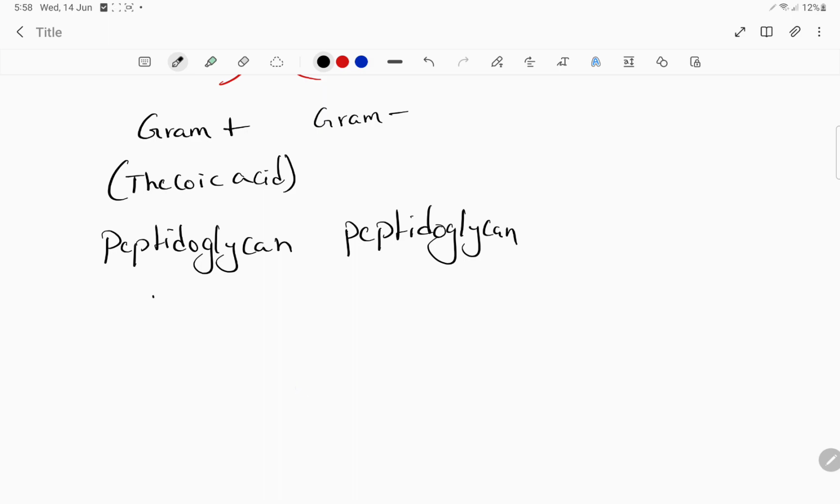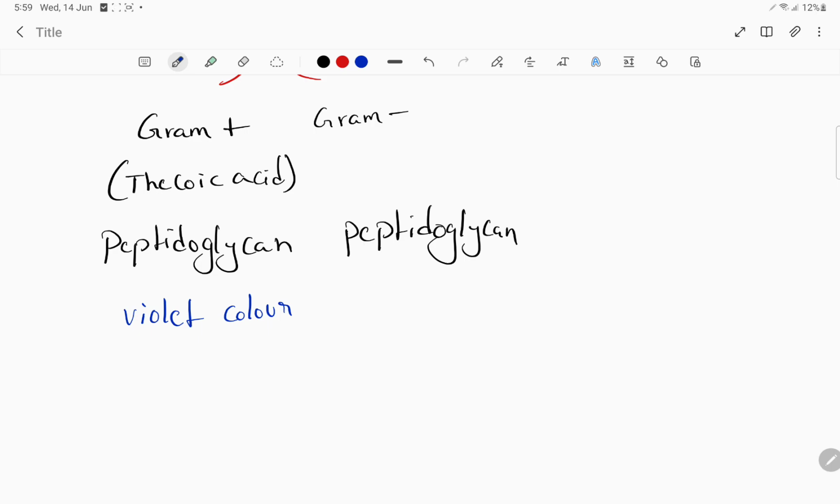So gram positive is violet color, while the gram negative bacteria do not.